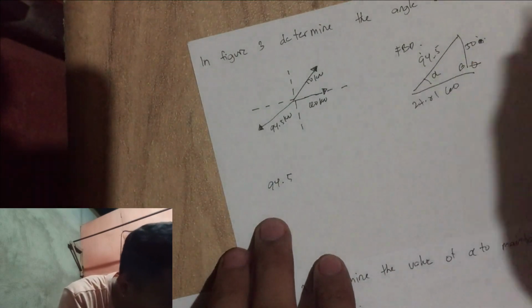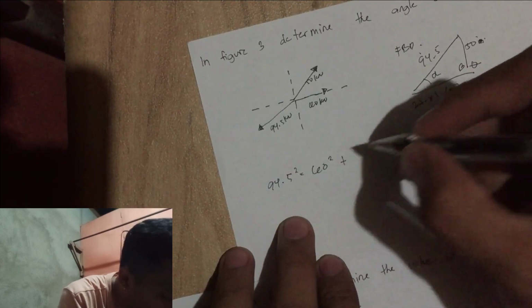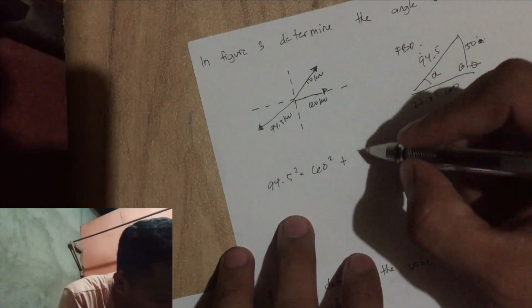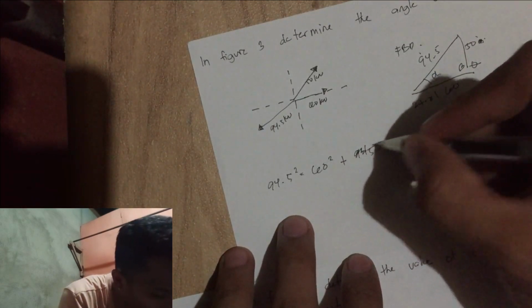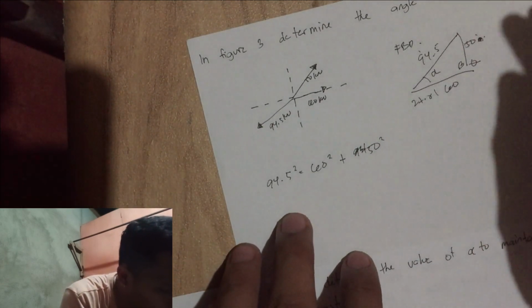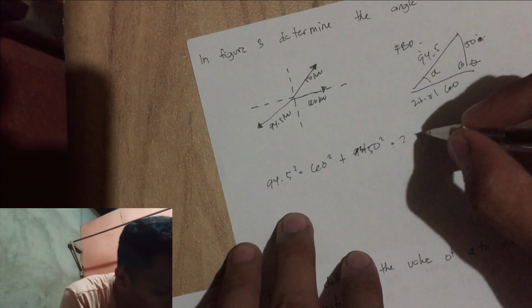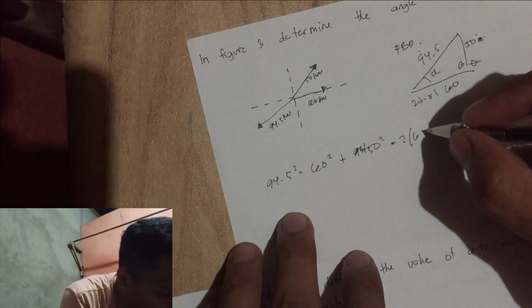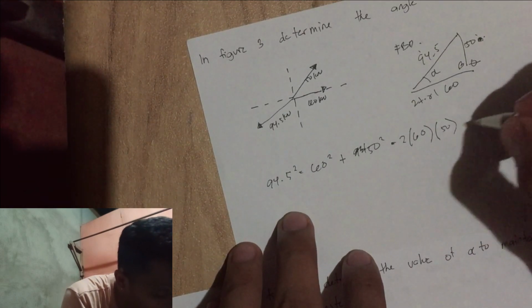In order to get theta, we need to write 94.5 squared equals 60 squared plus 50 squared minus 2 times 60 times 50 cos beta.